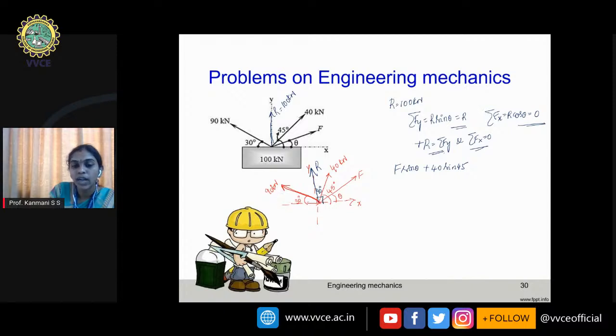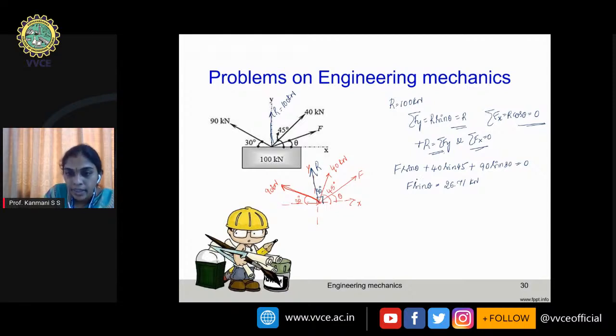The 90 is also moving upward, so its vertical component is also positive, plus 90 sine 30, equal to R. Therefore F sine theta equals, let us calculate, around 26.71 kilonewton.